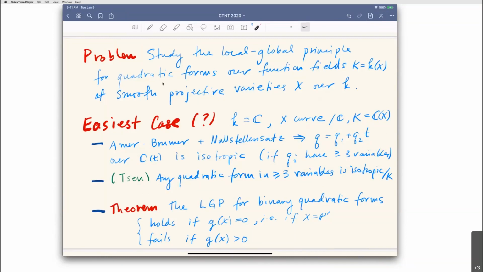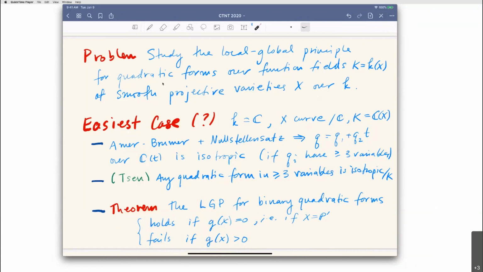There we might have a hope for the local-global principle. I don't know who first noticed this, but the theorem you can prove is that the local-global principle for binary quadratic forms, that is, quadratic forms in 2 variables over such fields, holds if the genus is 0 and fails if the genus is positive.